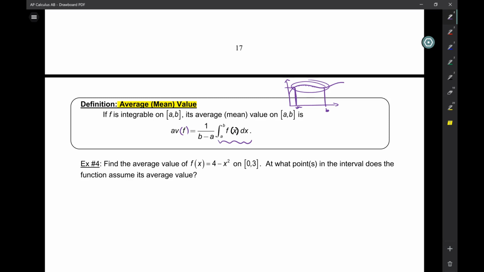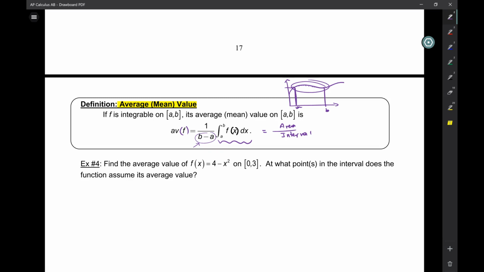Physically, what do we find when we do that? The area. So that's the area. And now I'm doing 1 over this, which is the interval. So this is still the same as the area over the interval, but now I'm doing it using integration.